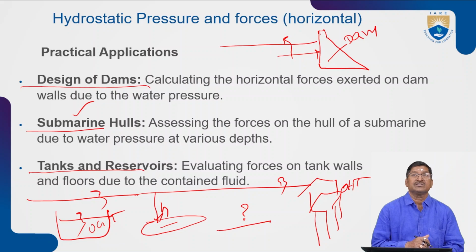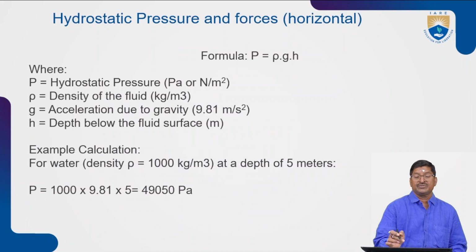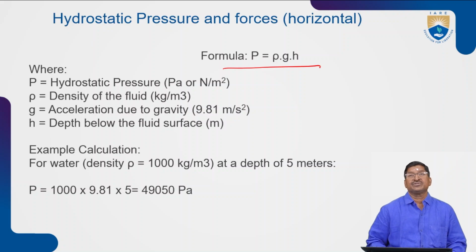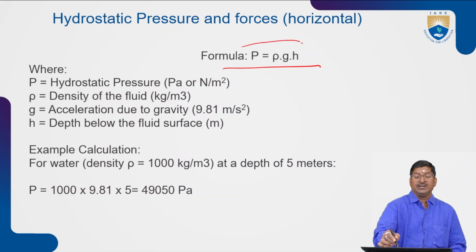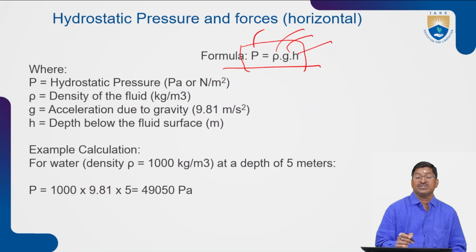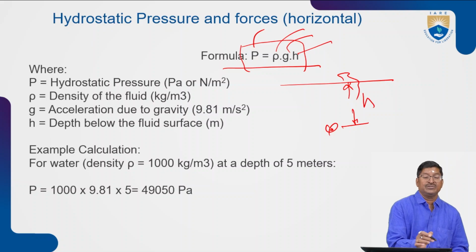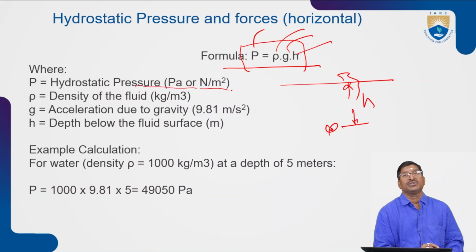Hydrostatic pressure knowledge is a must here. So the practical applications of these hydrostatic forces are to design dams, submarines, tanks and reservoirs. And there is a formula: hydrostatic pressure P is equal to rho g h. Here P is the pressure due to the fluid, rho is the density of the fluid, g is the acceleration due to gravity, and h is the depth at which the object is below the surface. P is the hydrostatic pressure in pascals or Newton per meter square.